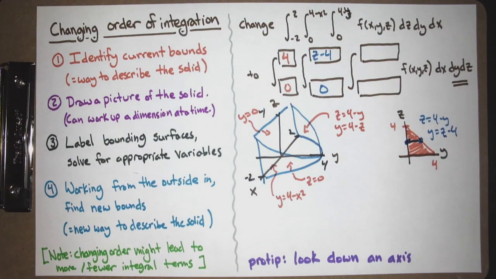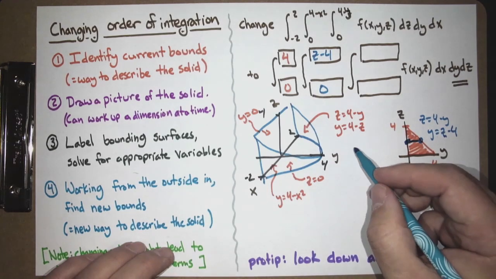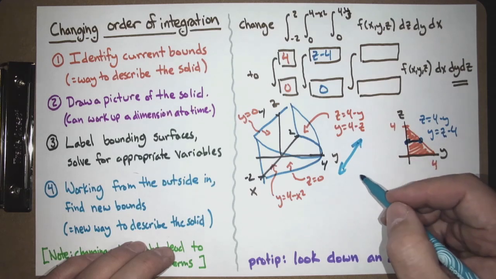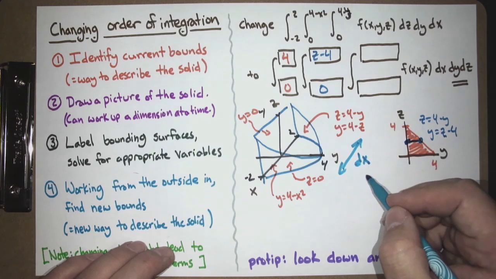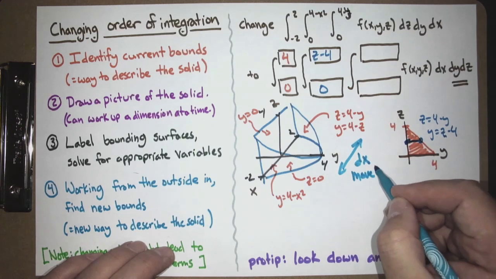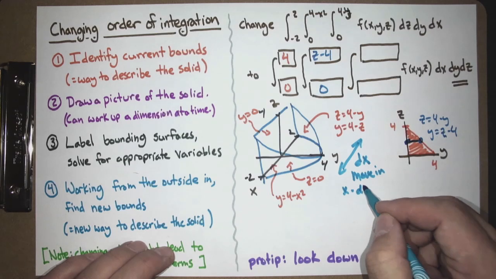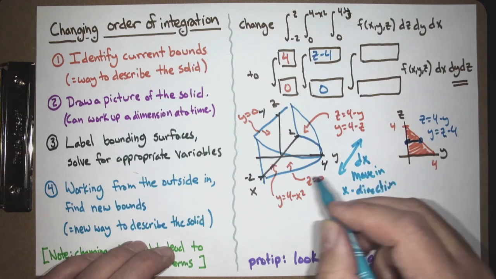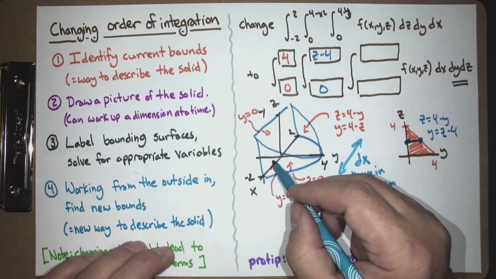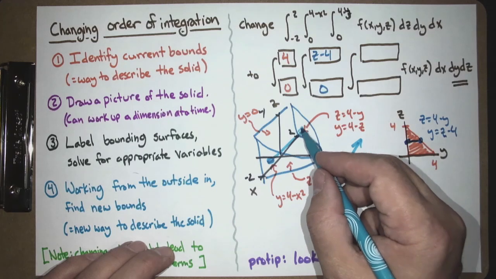Okay, now we come to our last one, x. We've got to go back into our picture here. Now, for x, we want to be going backwards and forwards in the x direction. So move in the x direction. You start thinking, okay, what surfaces are we going between in the x direction?